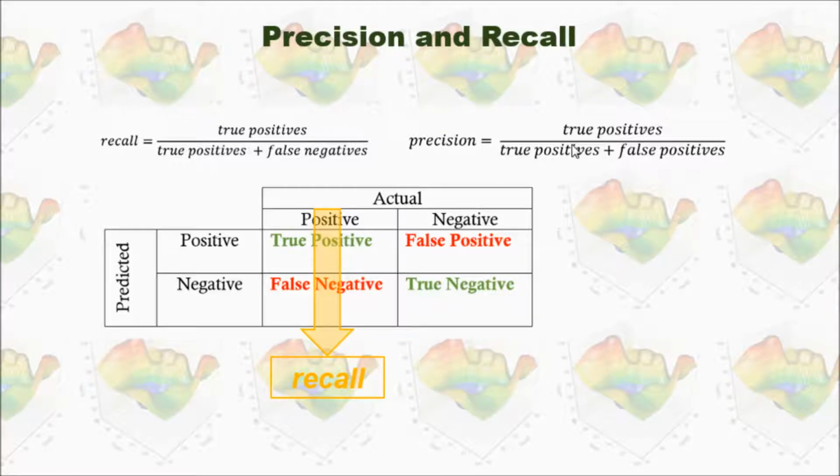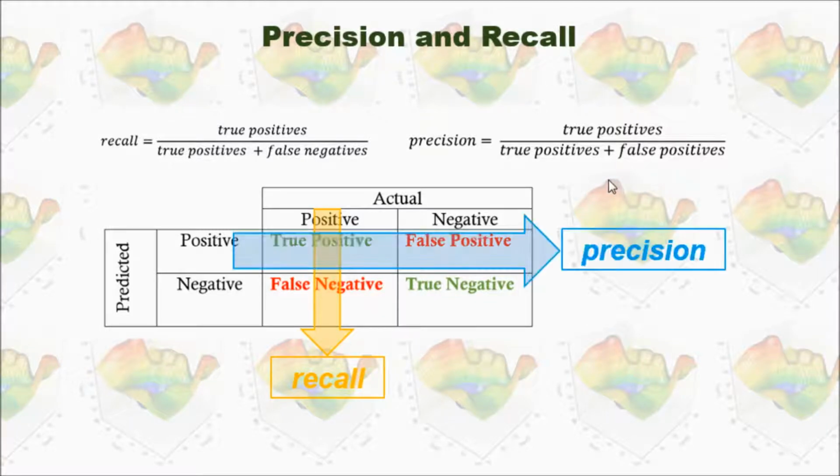Precision is true positives divided by true positives plus false positives. So precision considers this row. We consider how we separate the predicted positive into actual positive and actual negative.